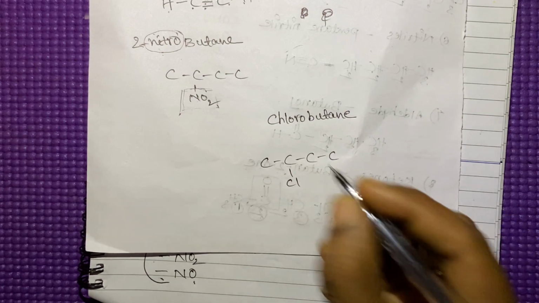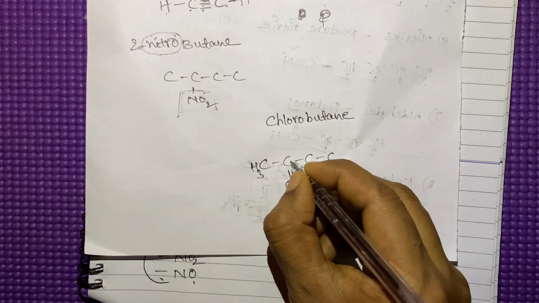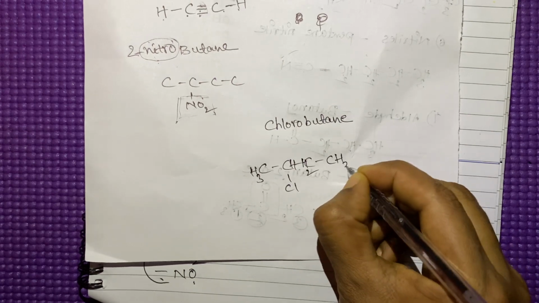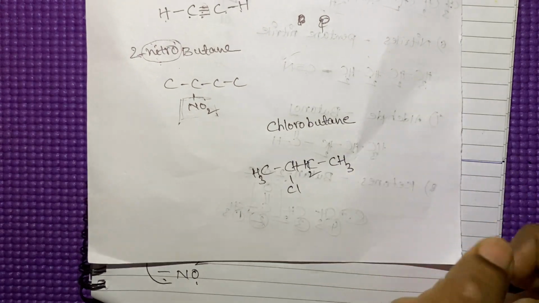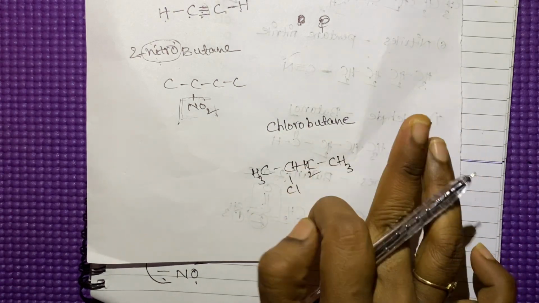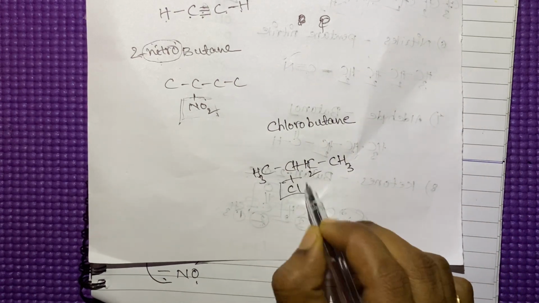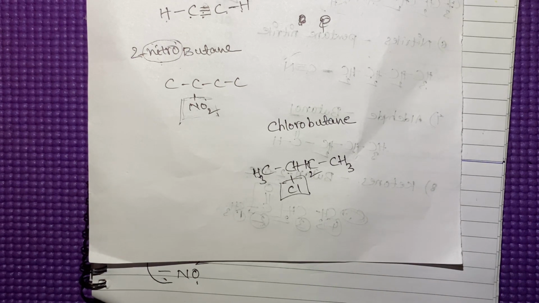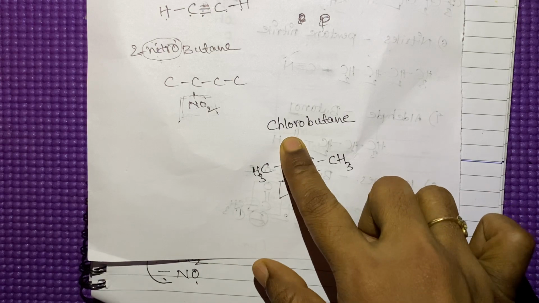Chloro gives chlorine, and you have to satisfy the carbons with the hydrogens, CH3. See, chlorobutane, 1, 2, 3, 4 carbons are there. So, butane, chlorine is used as a substituent. So, we have to use this chlorine as a prefix.